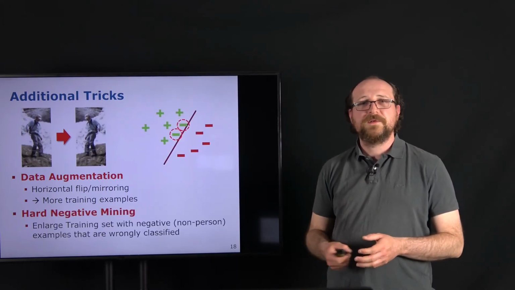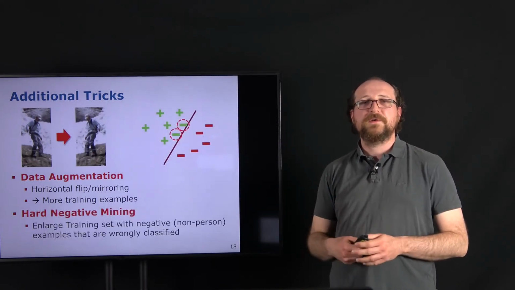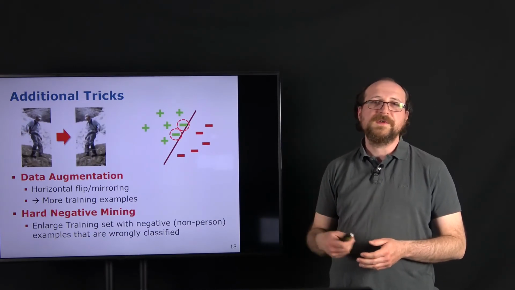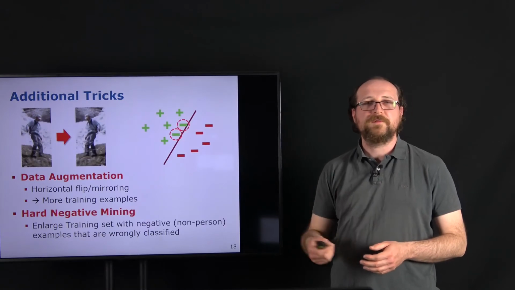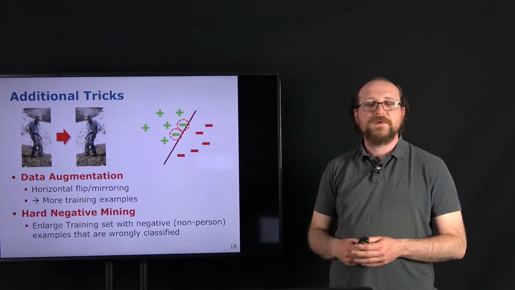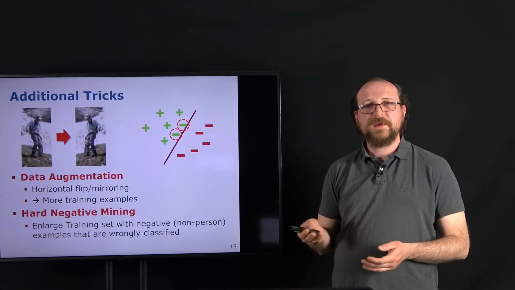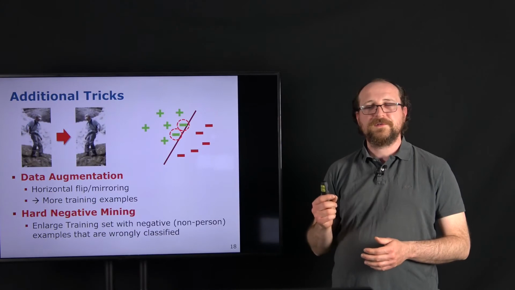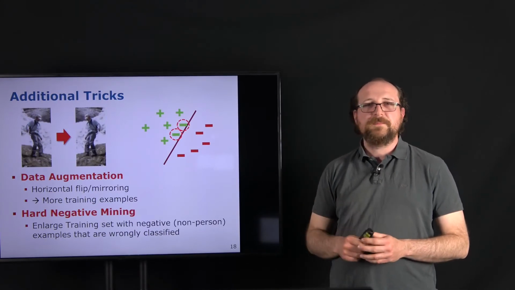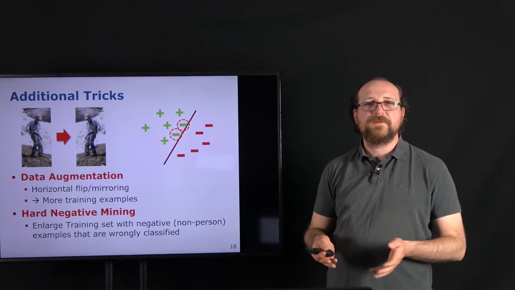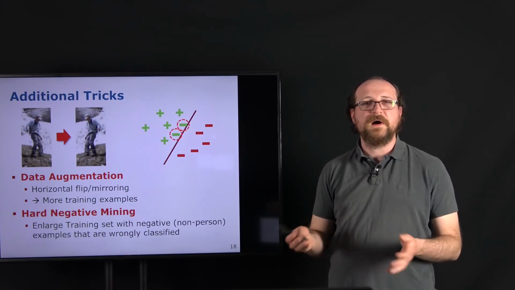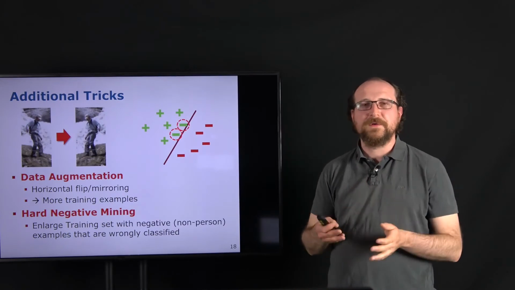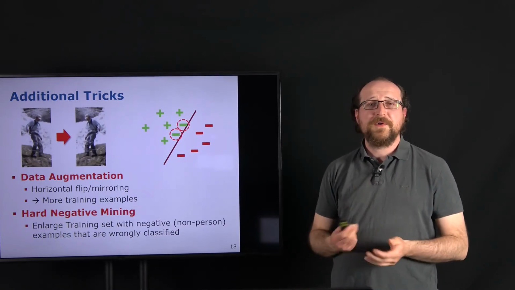The other concept that they used was hard negative mining, and this is something you will see used very often. When you learn the classifier or the detector, you are interested most in the hard examples. Most of the examples are very easy, especially the negative ones, because regions located in parts where the object is not are pretty easy to classify.